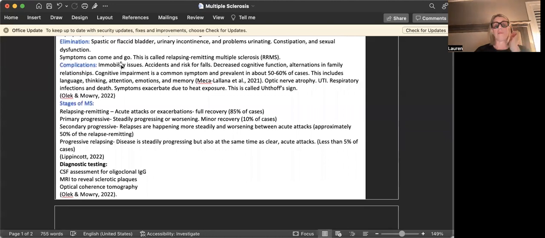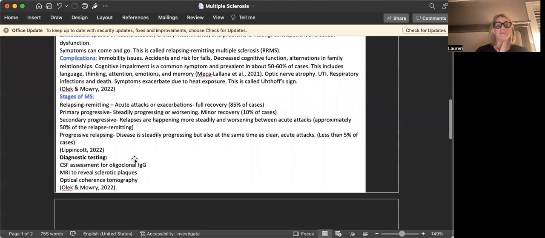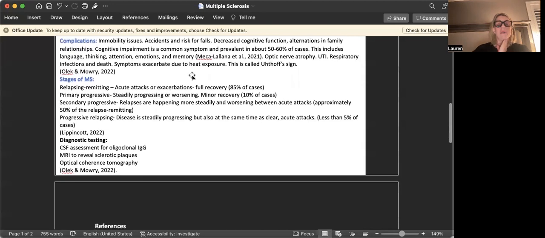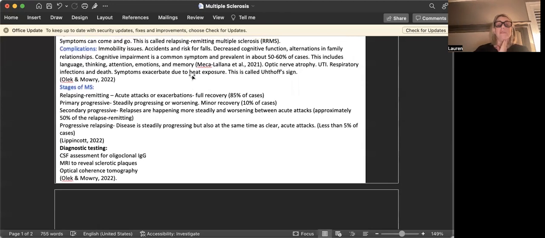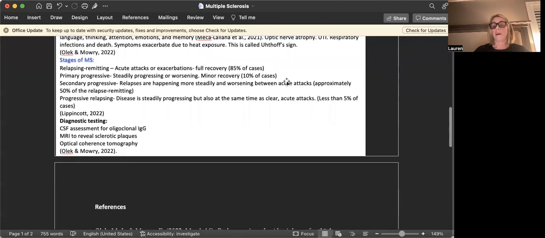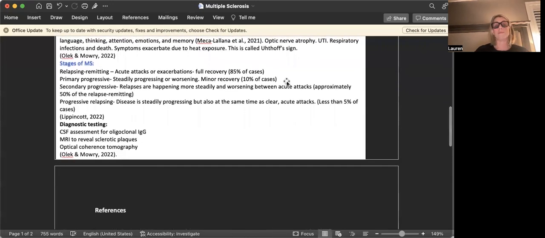This is called relapsing remitting multiple sclerosis, which I'll discuss down below. So cognitive impairment is a common symptom. It's prevalent in about 50 to 60% of the cases. Also optic nerve atrophy, UTI, respiratory infections. And then, as I mentioned before, symptoms exacerbate during heat exposure.